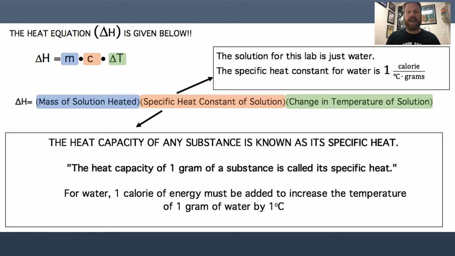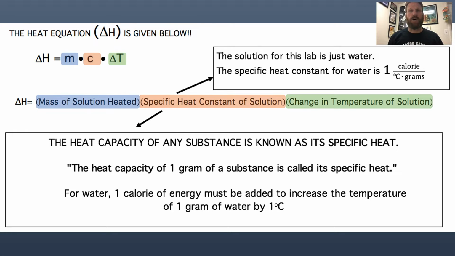During the lab, the energy from the burning of the fuel will be transferred to an amount of water. The water will absorb the energy and change temperature. We will make the assumption that all of the energy released by burning the fuel is absorbed by the water, causing it to change temperature. Water has a specific heat constant of 1 calorie per degree Celsius times grams.